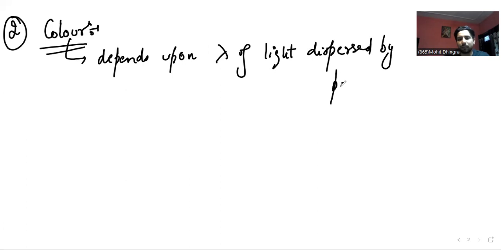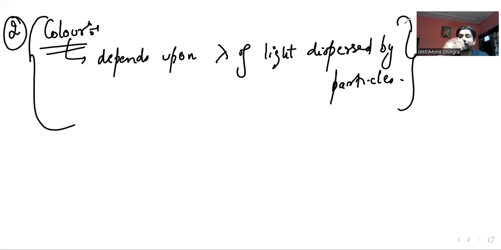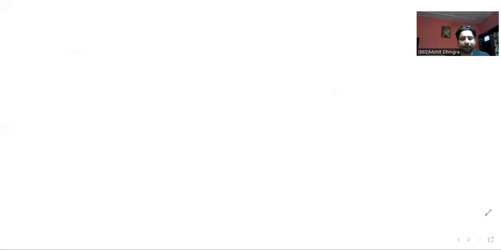So this is the second property, that they show color in accordance with the wavelength of light that they are dispersing or scattering.